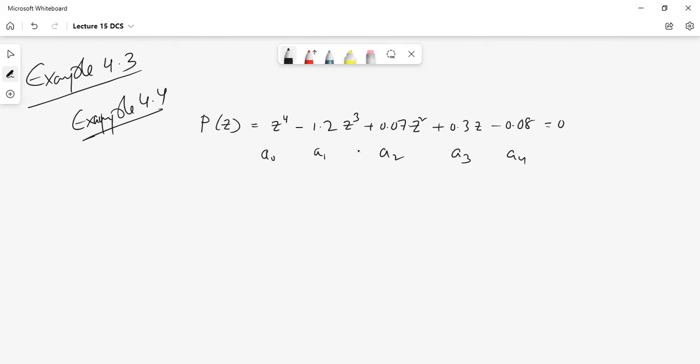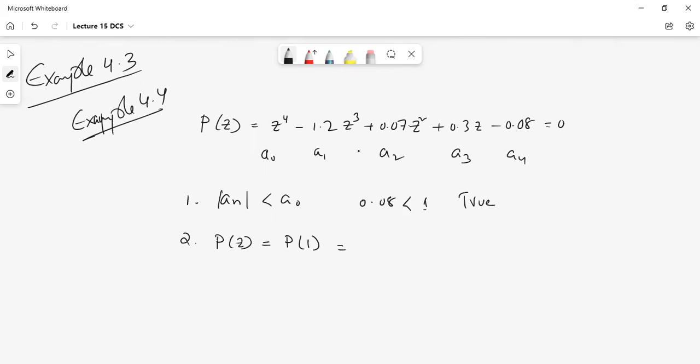Okay, so the first condition is that the magnitude of an should be lesser than a0. As you can see here, the magnitude of an is 0.08, which is definitely lesser than 1. So this is satisfied.